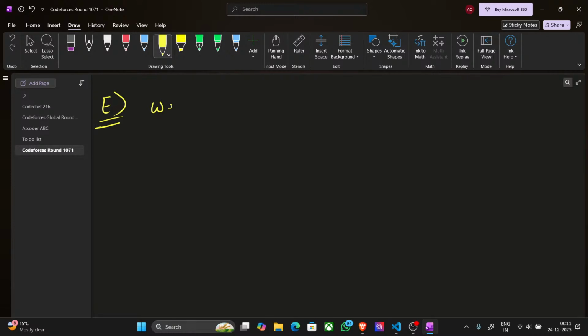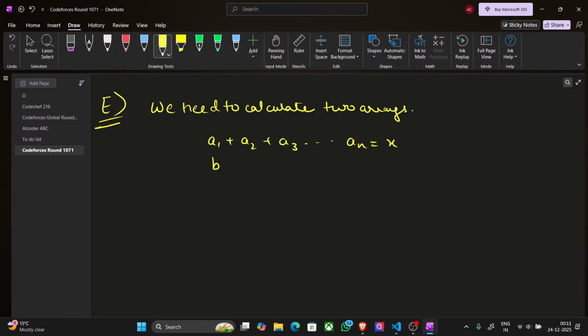We need to calculate two arrays such that a1 plus a2 plus a3 up to an should be equal to x, and b1 plus b2 plus b3 up to bn should be equal to y.